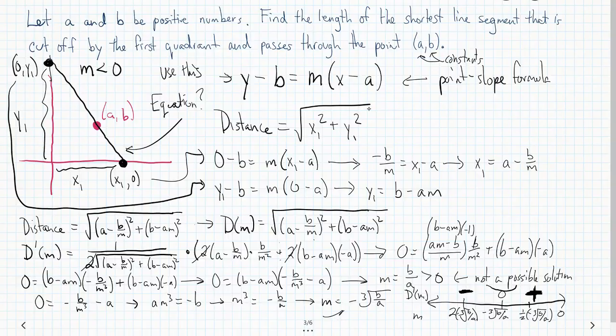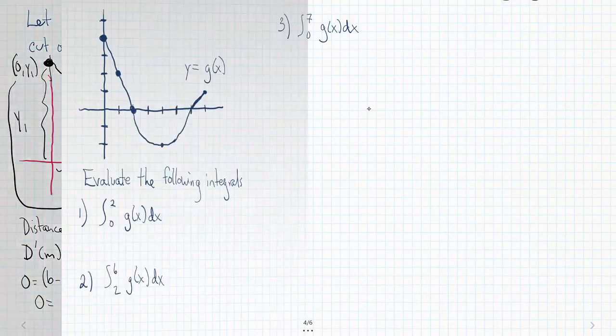That means that this is our minimum. And since we have no endpoints to check, because they aren't included in an interval, we know that that is the minimum. Hopefully that makes sense in terms of what's going on in this one. And you can see where some values aren't possible solutions because it comes back to the domain. That's why I really like this problem, to see something like that.